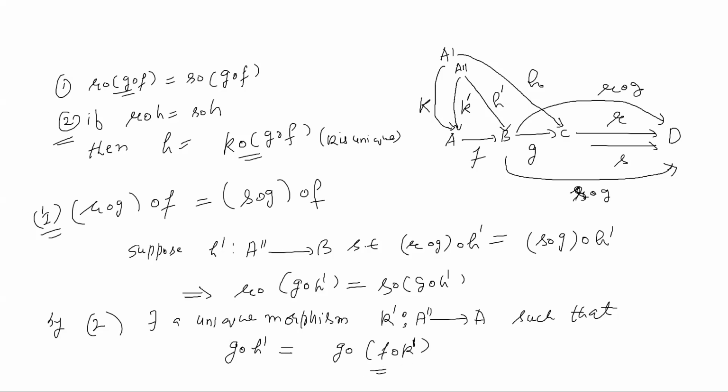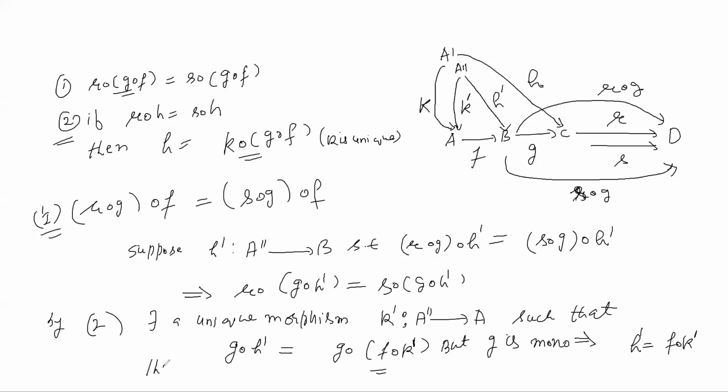Okay, but G is a monomorphism. It implies that H dash must be F composition K dash. So you have this small triangle commutes. Which shows that F is an equalizer of R composition G and S composition G, and so therefore F is a regular monomorphism.